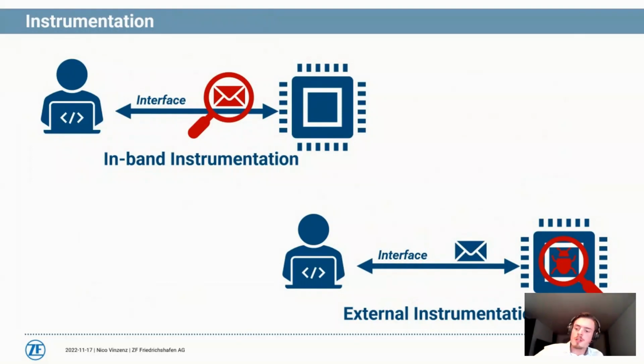And finally, I mentioned the instrumentation earlier. There are also different kinds of rigor for the applied instrumentation. The most straightforward and easiest one is inband instrumentation with my test target, where we look into the answers it provides us, the response messages. The easiest is just looking if it's alive.